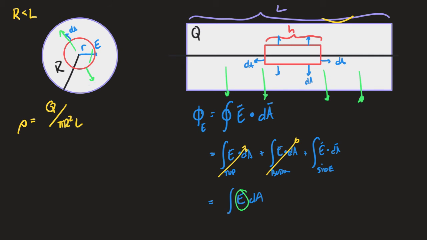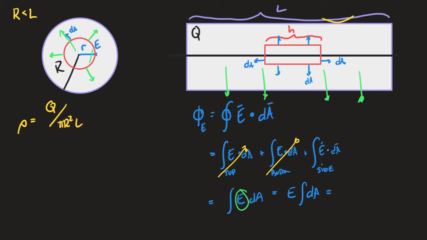But at the same time, do we think that there's enough exploitable symmetry that we can say that the electric field is the same size as long as we are the same distance away from the center? Does that make reasonable sense? If it does, then we do get to exploit that symmetry.